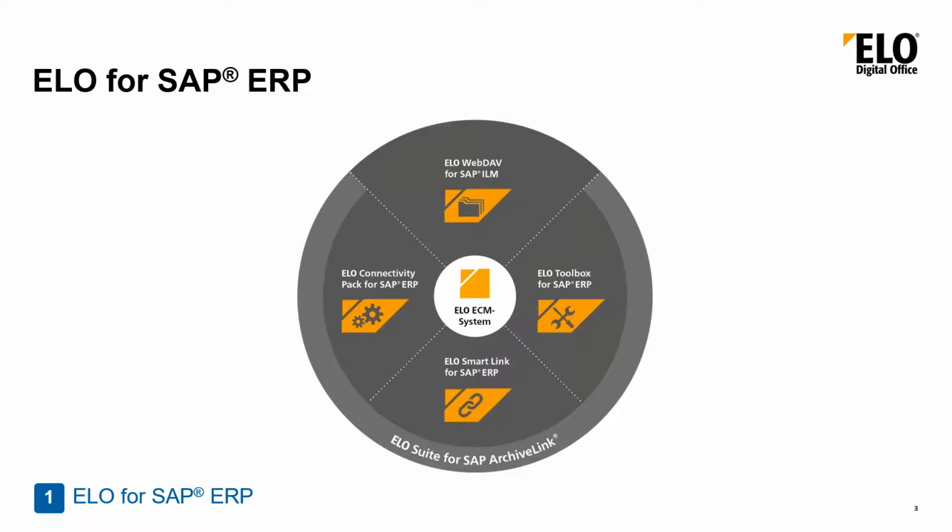And also we have the ELO Toolbox, which is more of a UI component. So this is basically for enhancing user experience both in ELO and in SAP by, for example, allowing easy navigation between objects in ELO and objects in SAP.